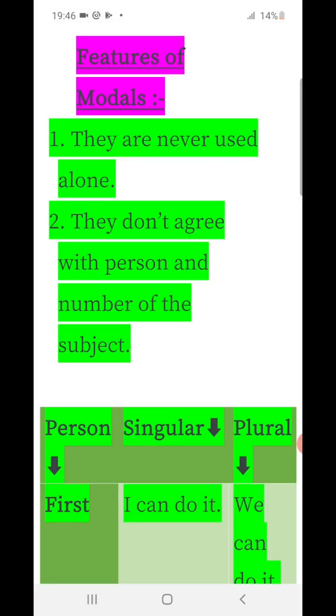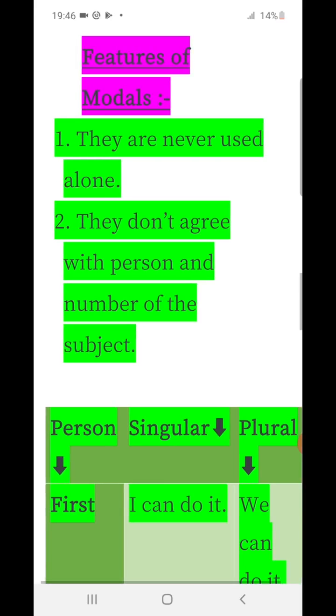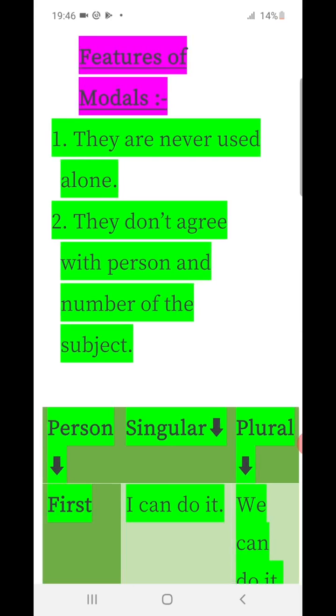Next, features of modals. Number 1, they are never used alone. So these modals or these helping verbs are never used alone, as they don't have any existence or any meaning of their existence without the main verbs.